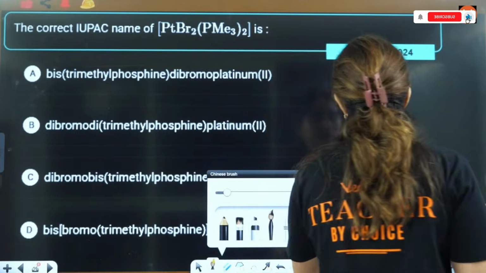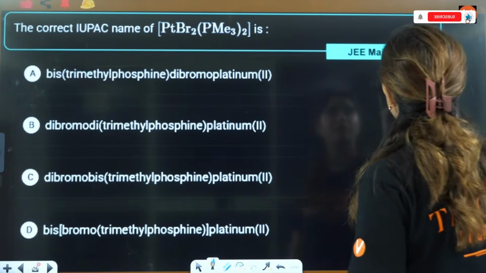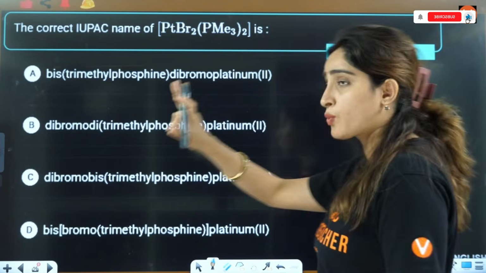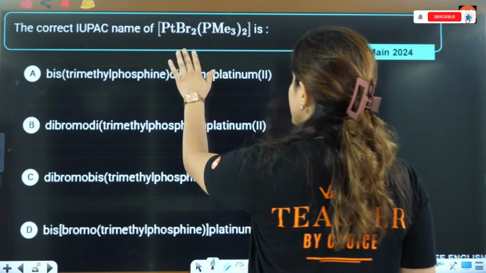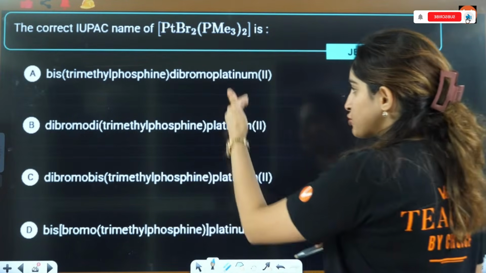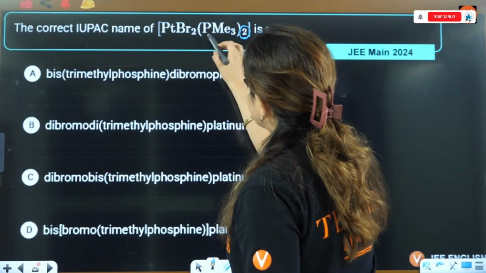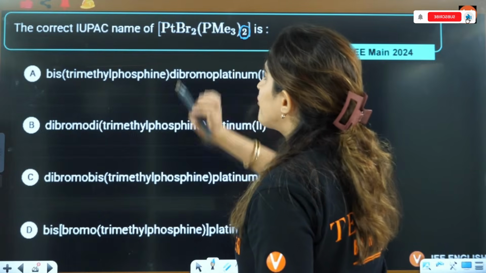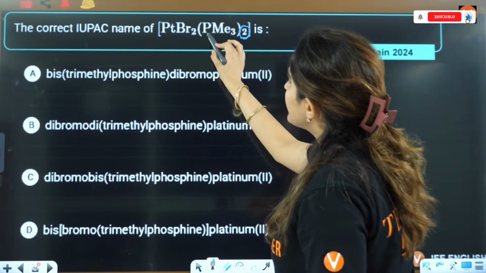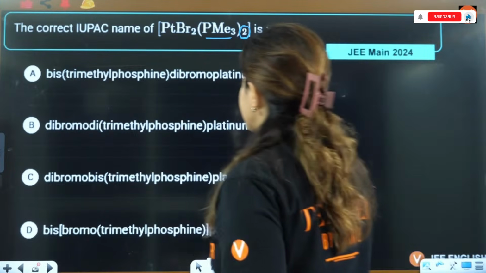A neutral complex molecule is named similar to a complex cation only, but an anion is different. Now, let's see the question we have based on this, a JEE 2024 question. Firstly, this is bis, because this is trimethylphosphine, so tri is already there in this ligand, which is why this will be called bis.